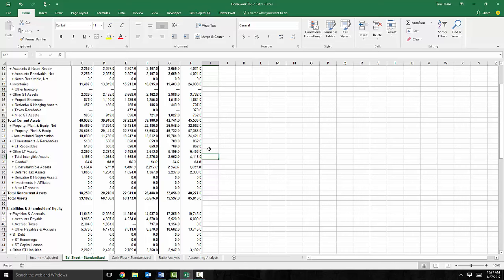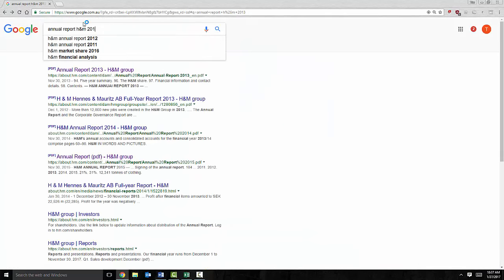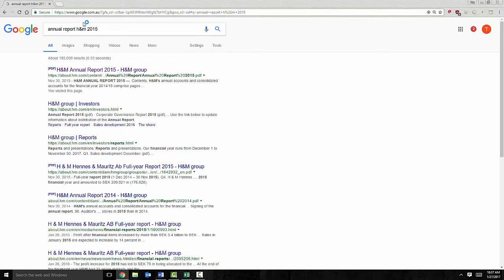So again, we need to go to the financial reports. In this case, this figure is from 2015, so we need to find the annual report for H&M in 2015. Just change the Google search. Usually the top result is the correct one. I'm going to open this one up, and it's going to take a while to load, but essentially what I'm going to be doing is exactly what I did last time. I'm going to be searching for intangible throughout the annual report, and see what H&M actually calls their intangible assets, because sometimes it might be called intangible fixed assets or something else.